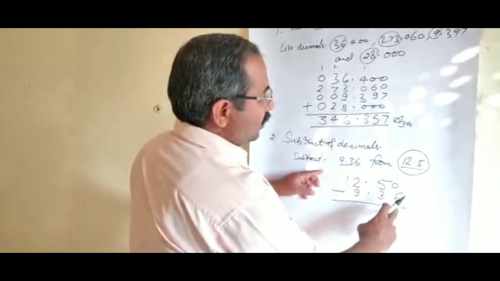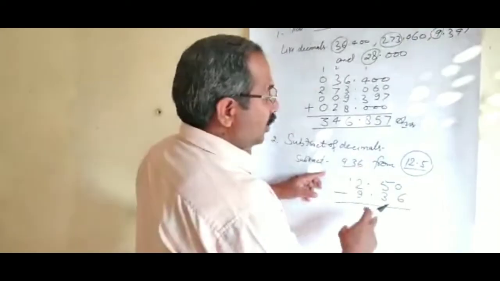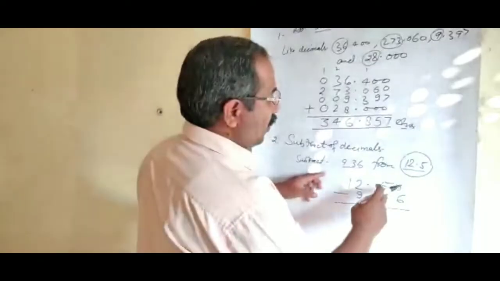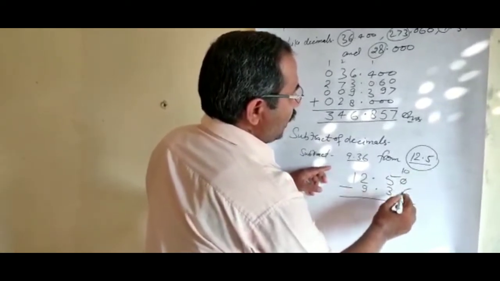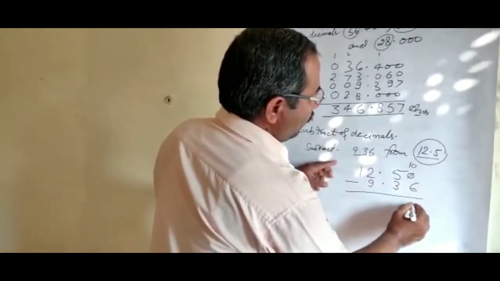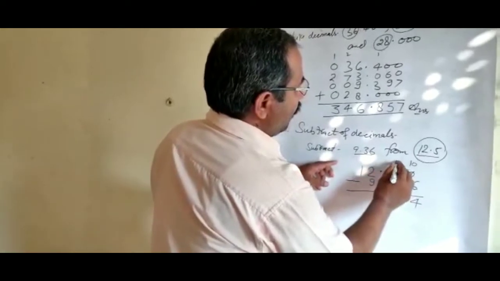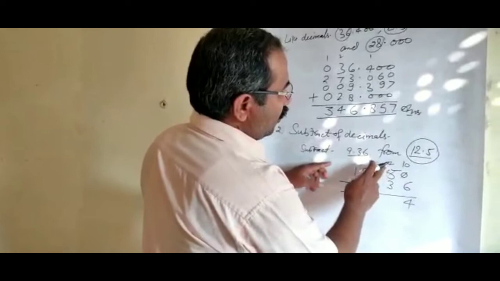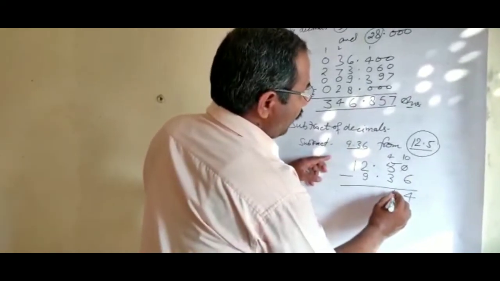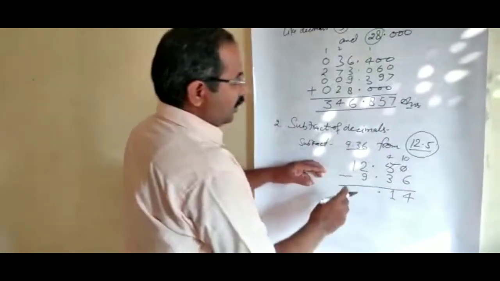Now you can subtract 6 from 0, so you will take a carry from 5 and it will be 10. So you can write 10, 10 minus 6, 4. Here 4 is left. You can subtract 3 from 4. So 4 minus 3, 1. Give the point.